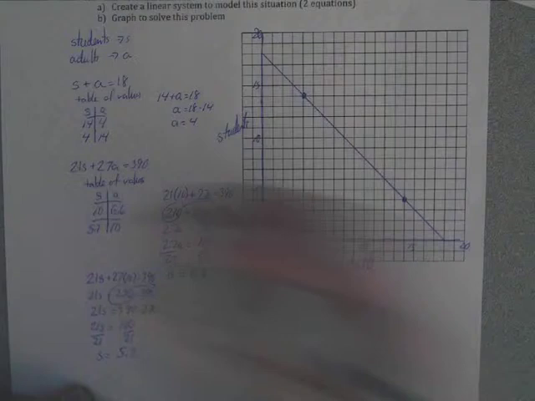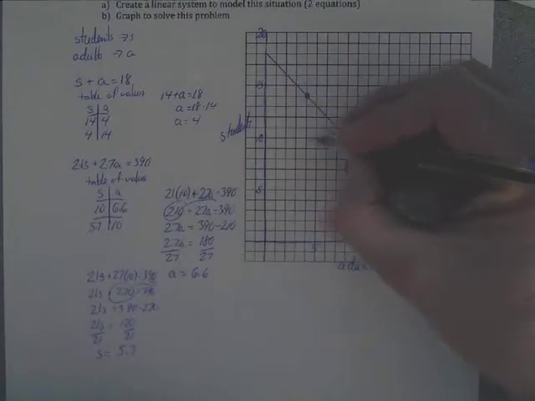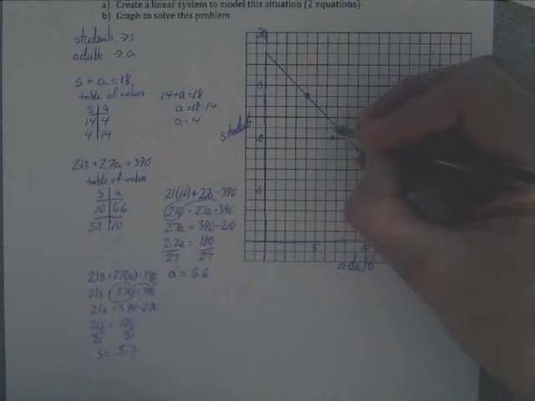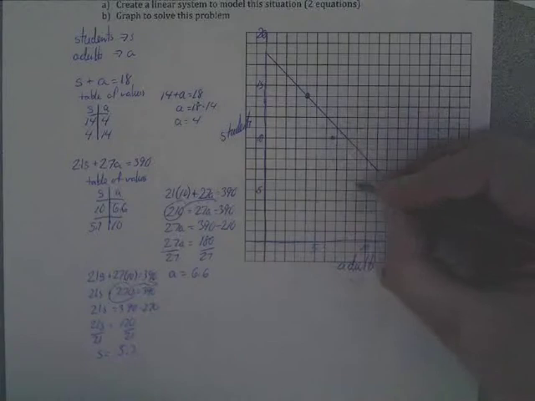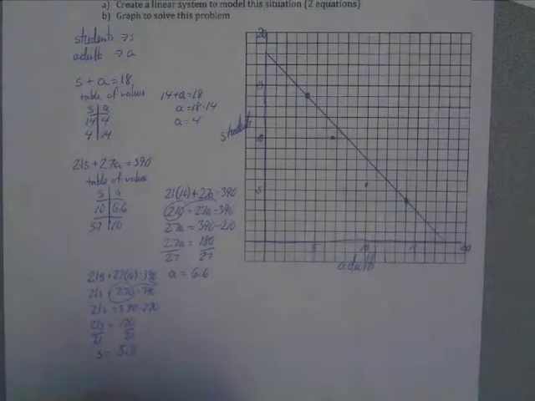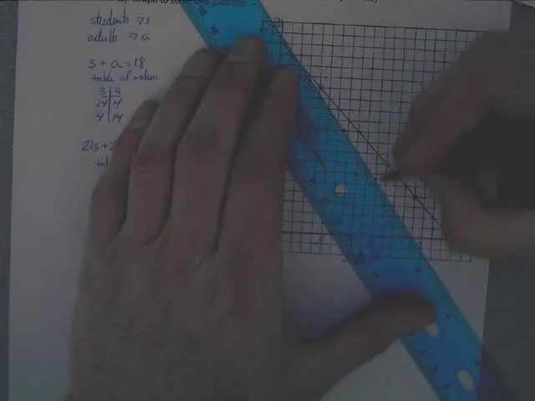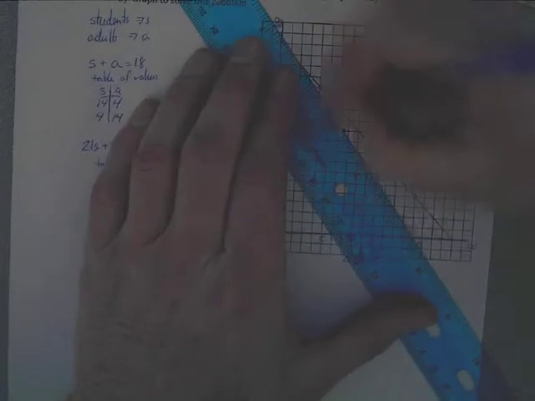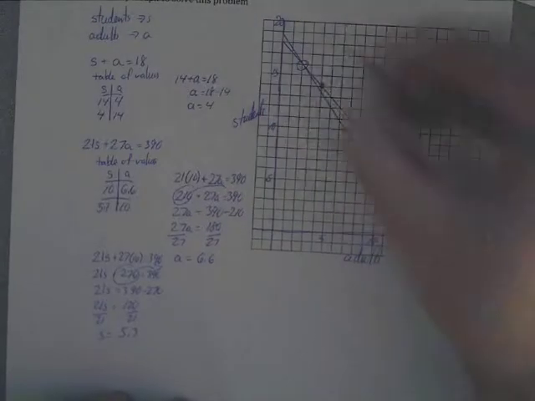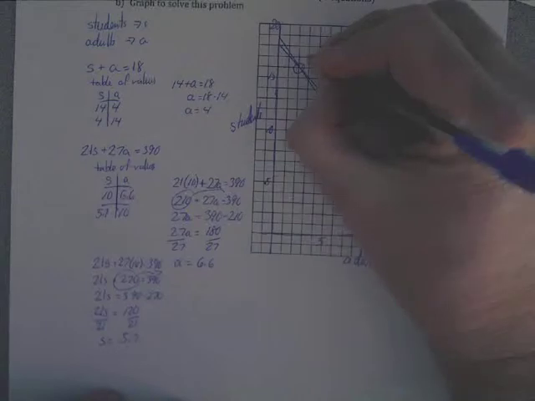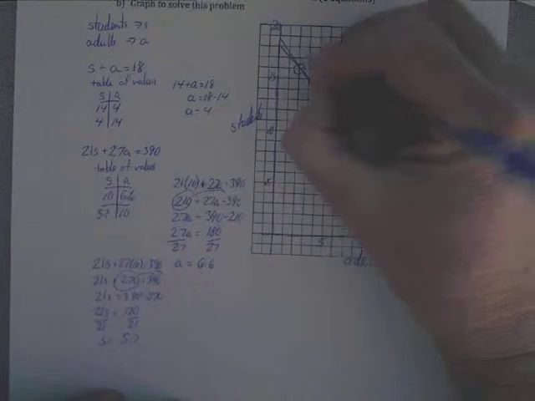So 5.7. Graph it. 10 students, 6.6 adults, so there's 6, so roughly about there. 5.7 students, right here, I have 10 right there. So, graph those points. And I see they intersect right there, which is 2 adults, and 16 students.